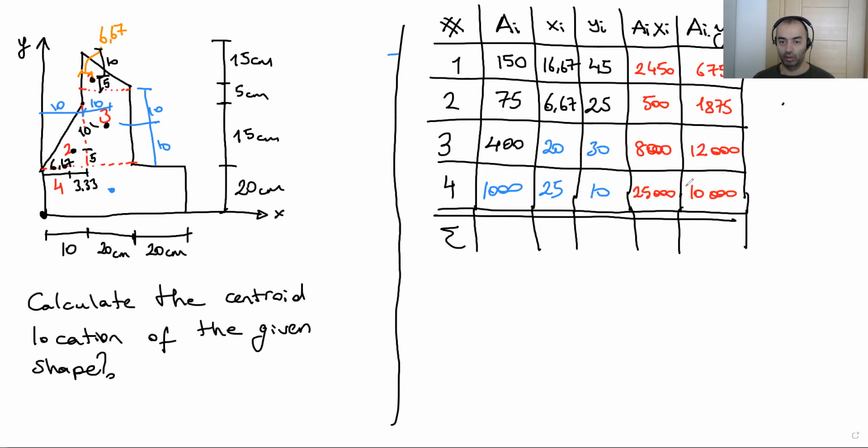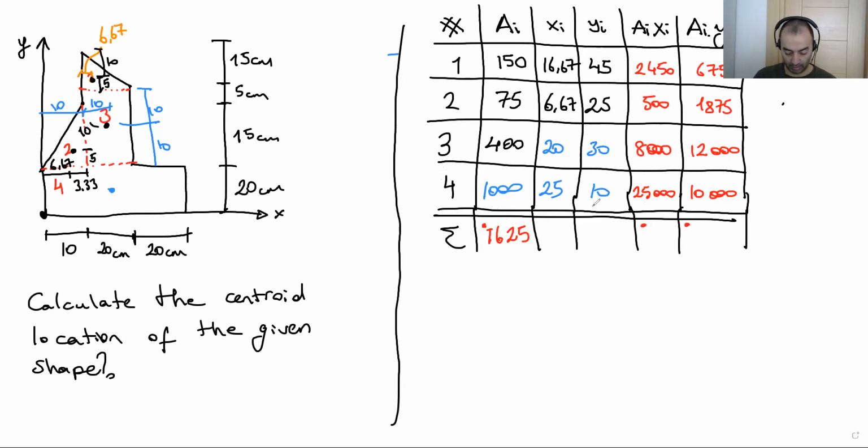Now, what we are gonna do, we are gonna calculate the summation of these numbers. Which numbers we need? We need this part, this one, and this one. So sum of the area, which is the total area actually, sum all these numbers. And what is it? Let me see. Yes. And here, sum all these numbers.